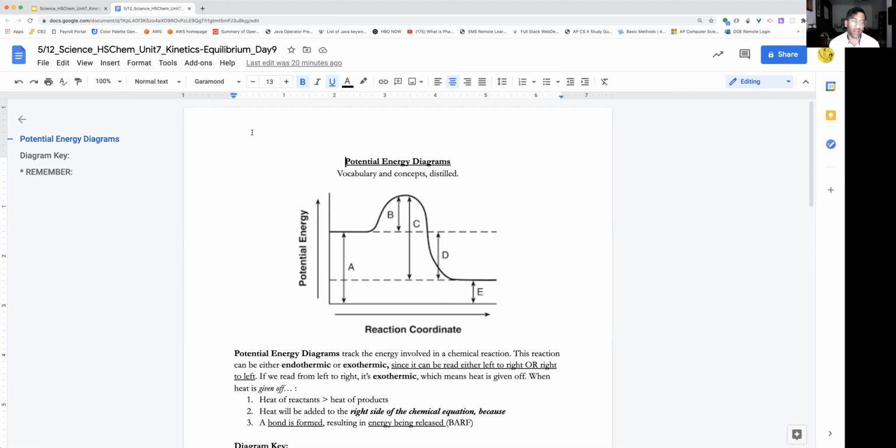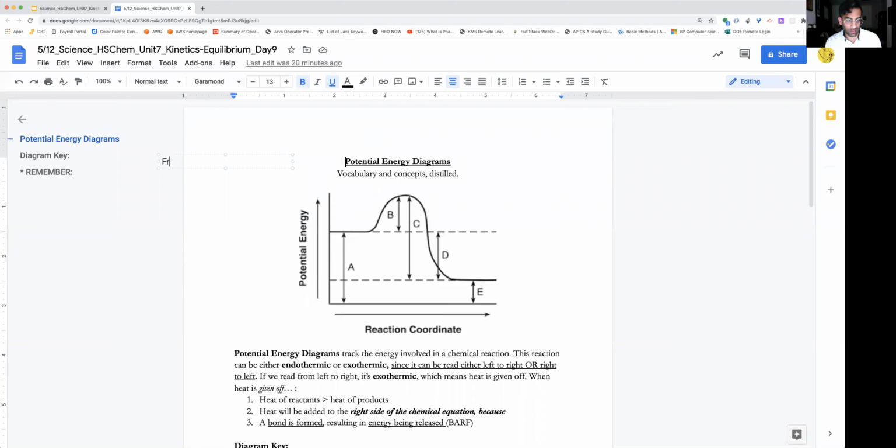Now, the interesting thing about this is I can read it from left to right, or I can read it from right to left. If I'm reading this one from left to right, I'm going to annotate my own document to go over this.